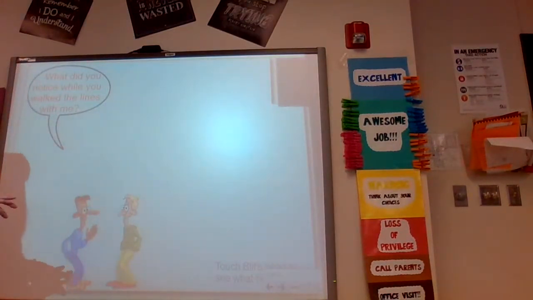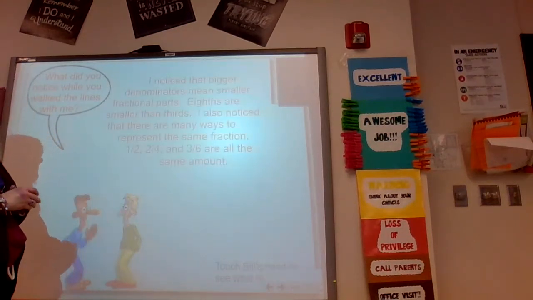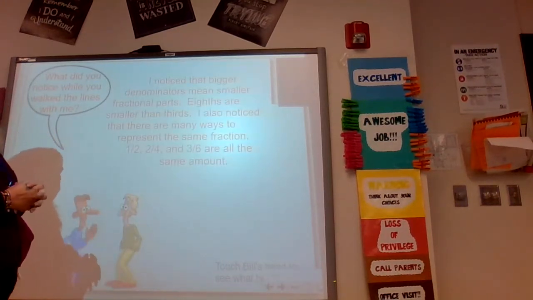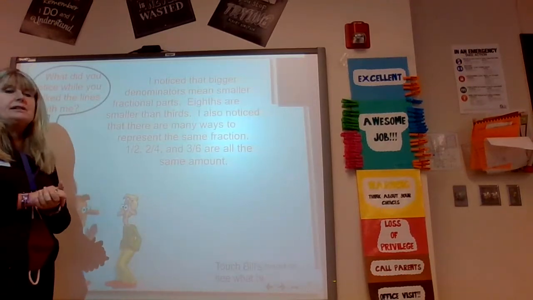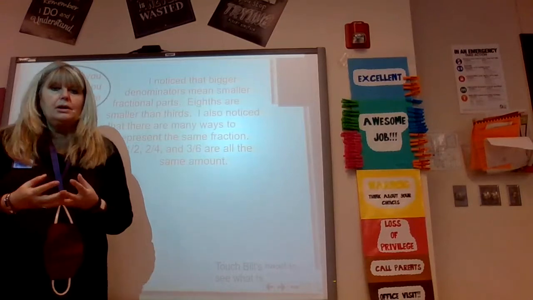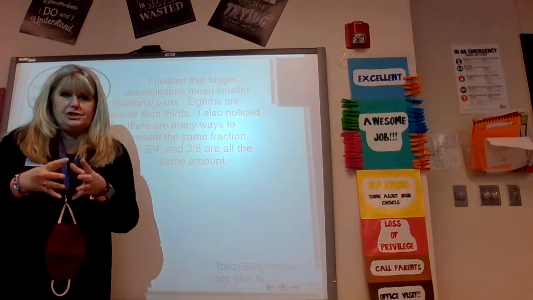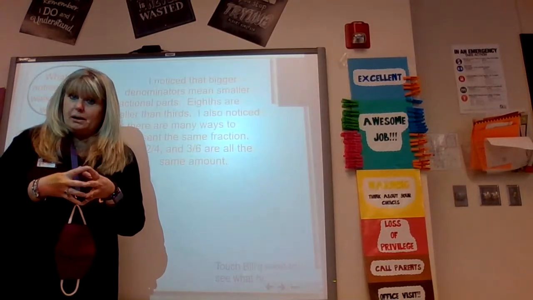What did you notice while walking the line with me? Well, I wonder what Bill has to say. Let's see what he has to say. We hope he says something. I noticed that the bigger the denominators means the smaller the fractional pieces. So the larger the denominator, the smaller the piece. So you don't want the large denominator, you want the small denominator.